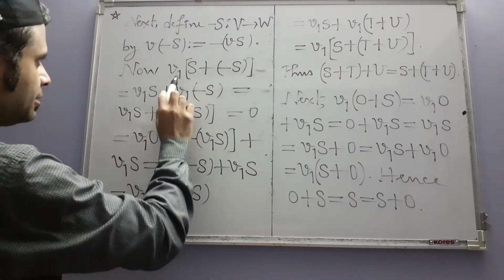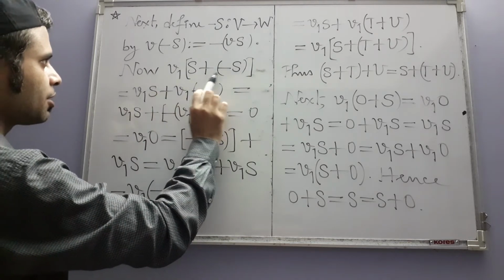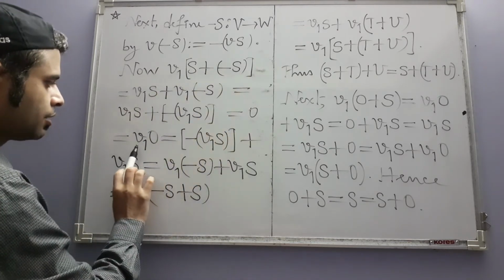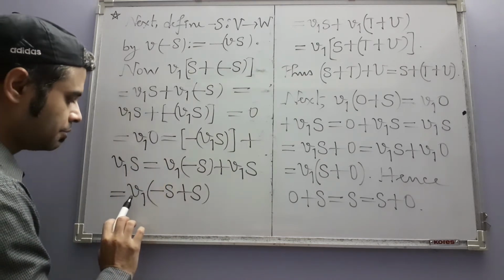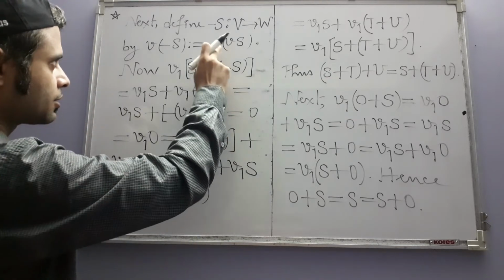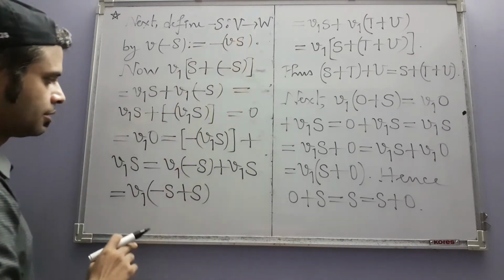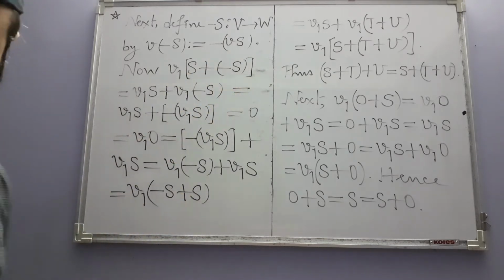So now you combine these things. The image of v1 under s plus minus s is equal to the image of v1 under the 0 function, which is equal to the image of v1 under minus s plus s, and v1 is an arbitrary vector in our domain space. So that means these three functions are equal.